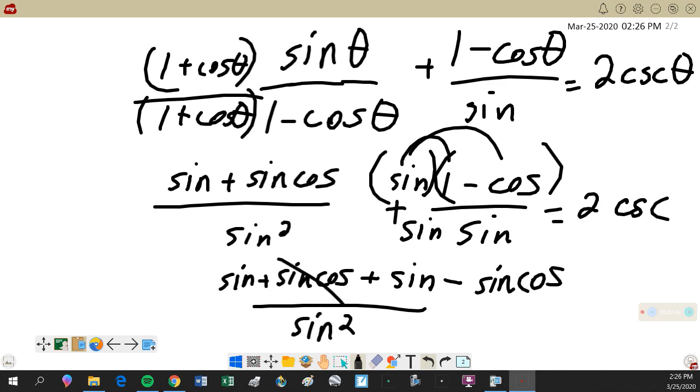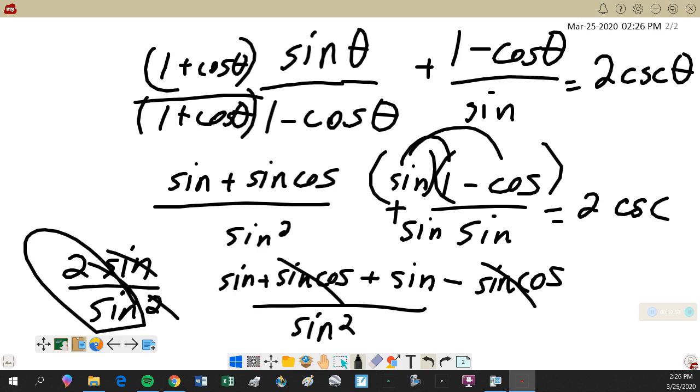So sine cosine cancels sine cosine, and I end up with 2 sine over sine squared. So the sine cancels the sine squared, and 2 over sine is 2 cosecant. So we're done.